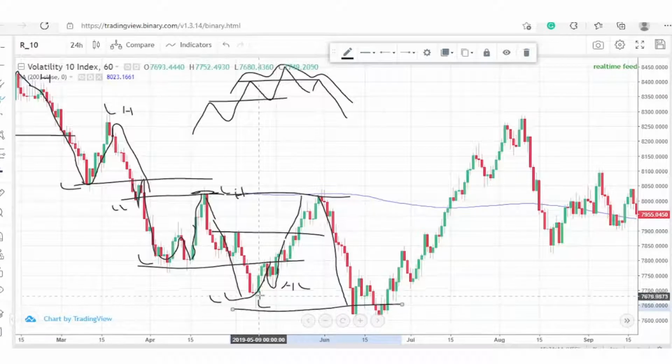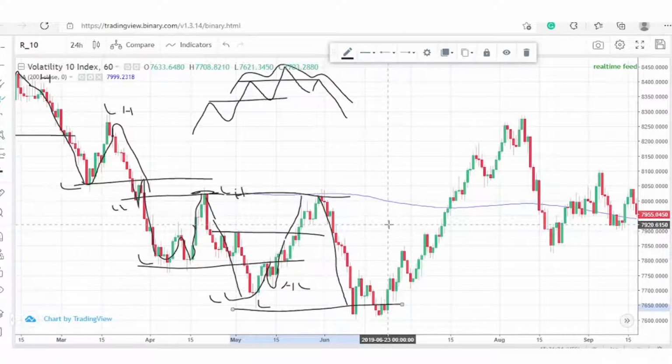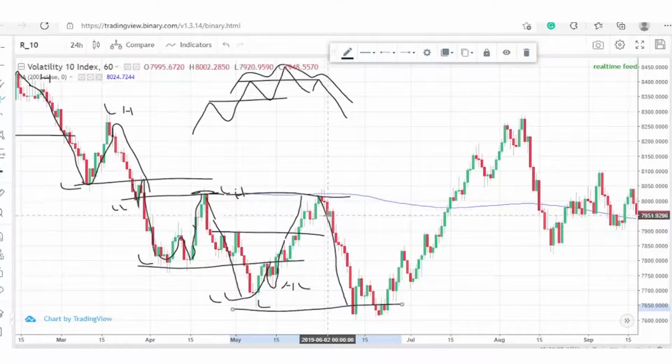Yeah, there's a wick here. So the market came back all the way to the stops and could not break this low here either. But we already know that the market has indicated to us that it might go in the up direction. So we don't want to get involved in any sales right now unless you are a little bit experienced. You can take those kinds of trades.